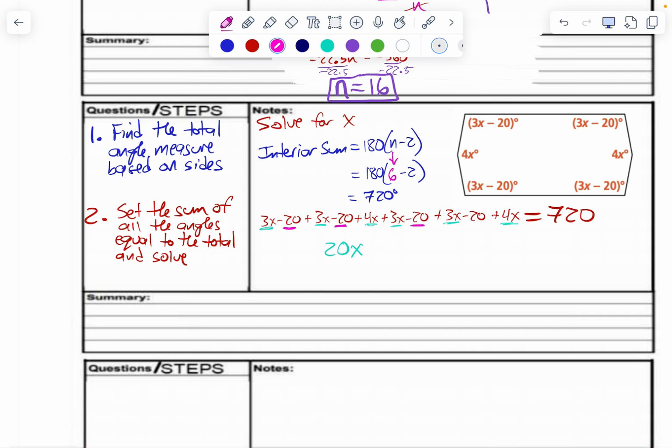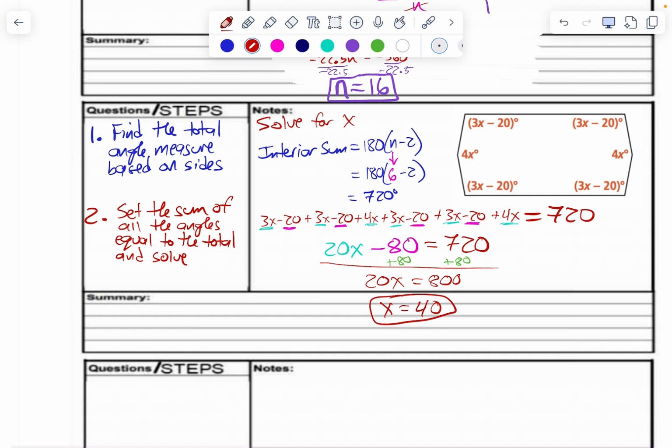Minus 20 is negative 60. Minus 20 is negative 80. Okay. Anyway, it just keeps you from missing a term, something like that. Okay, so we're just going to add the 80 over. So plus 80. And we'll get 20x equals 800. And so x equals 40.